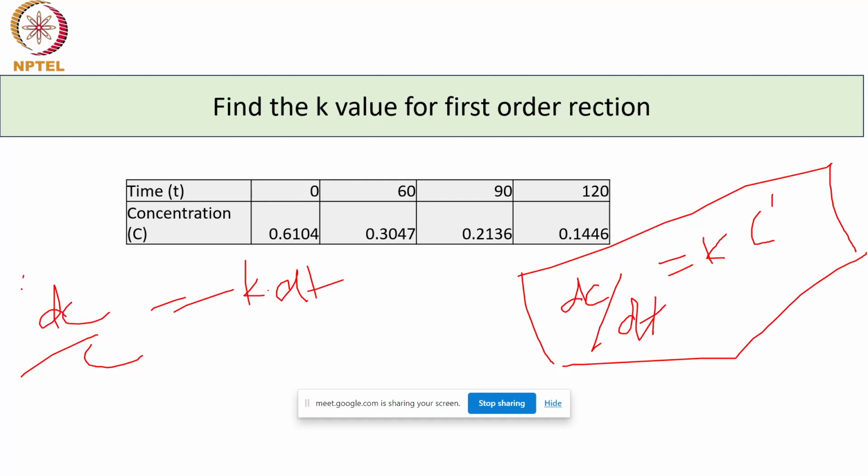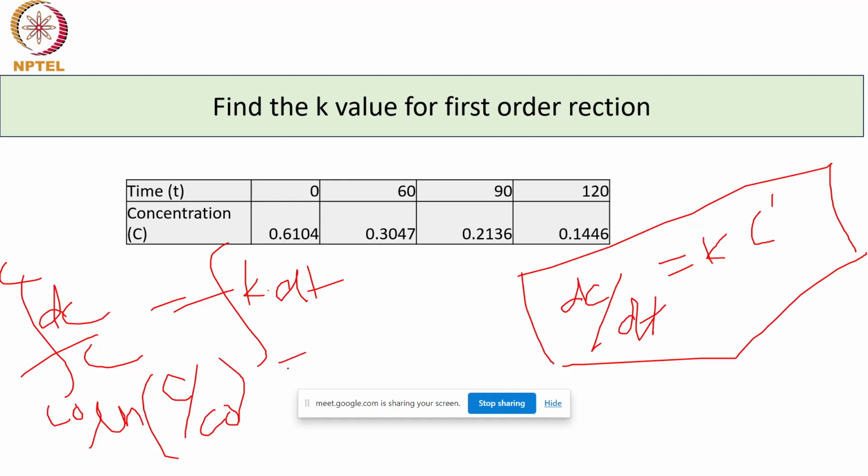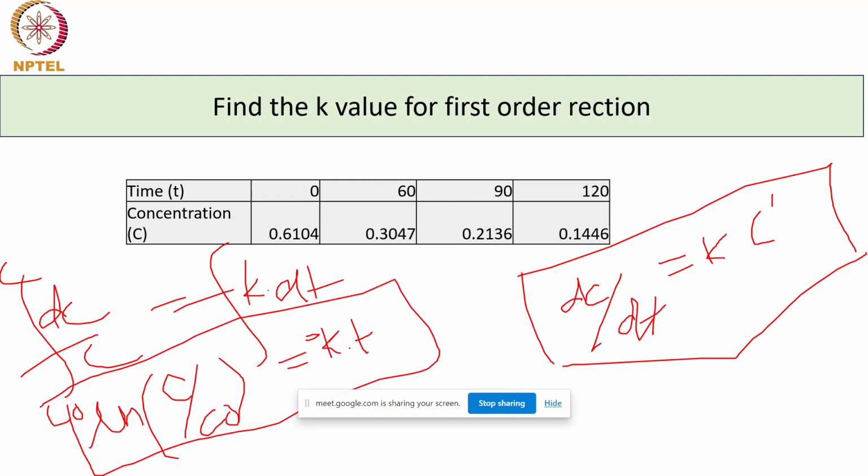If you integrate on both the sides, you will be getting ln of C by C naught is equal to kt. Sorry, it's minus kt. So this will be your equation for first order reaction: ln of C by C naught is equal to minus kt.